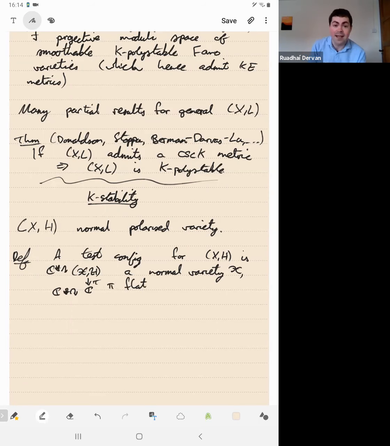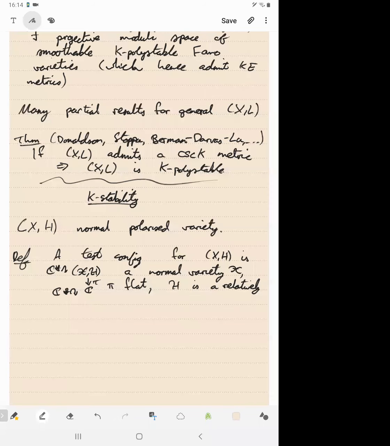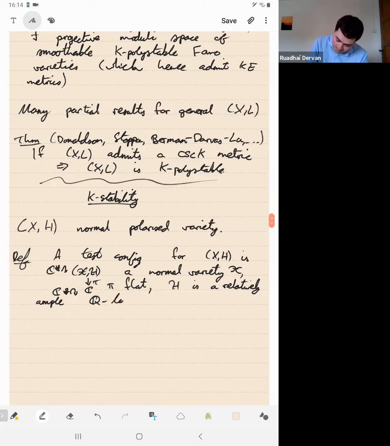This morphism curly X to C, I'll require that this is flat. I'll require that curly H is relatively ample, so ample over C, ample on the fibers. I'll just require a Q-line bundle. Essentially, otherwise you could just scale everything, so the Q doesn't really make much of a difference.